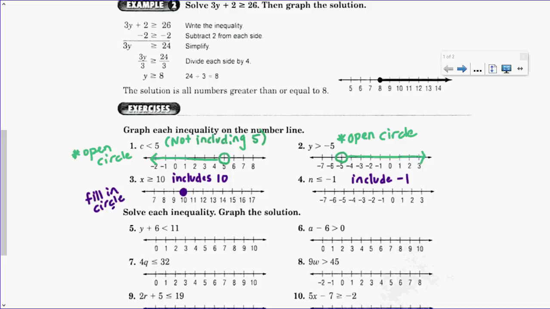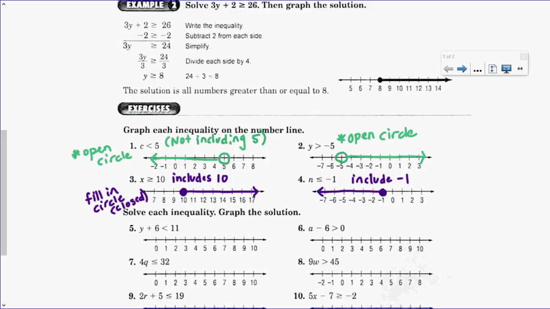And you can also think of that as a closed circle. Okay, and if it's greater than or equal to 10, we're going to go to the right. Okay, if a number is less than or equal to -1, we're going to fill it in because we're including the -1, and it's all the numbers to the left.